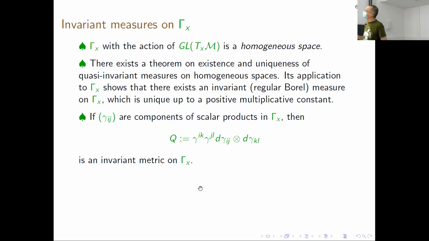So in fact, these are functions on this space. And using these components and components of the so-called inverse scalar product, I can define such a tensor field on this space, and it is possible to prove that this is an invariant metric on gamma x, invariant with respect to the action of this group.